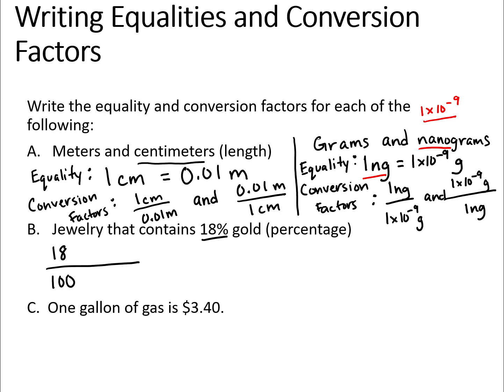So if jewelry contains 18% gold, we can say, for example, that 18 grams of gold out of 100 grams of jewelry. That's what that percentage means. That's a conversion factor. The other conversion factor is to just flip it around.